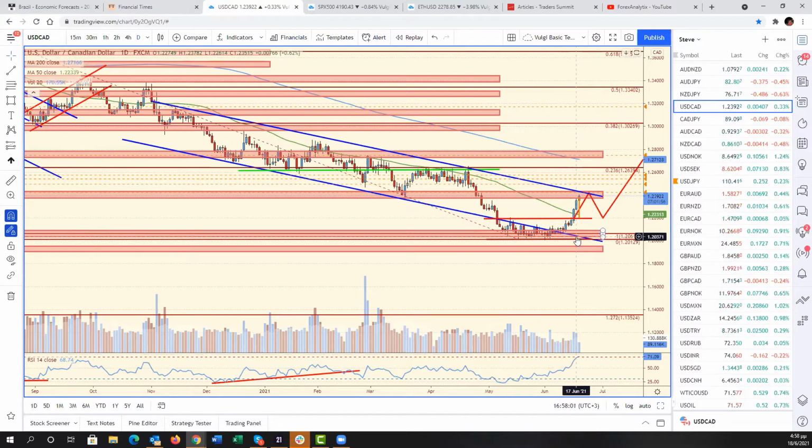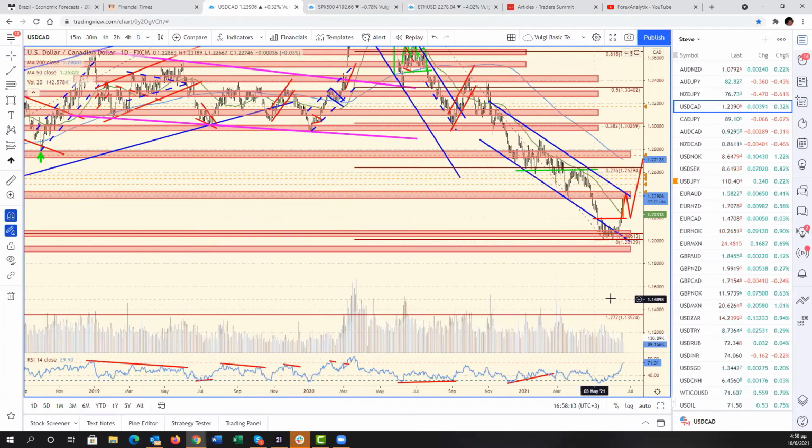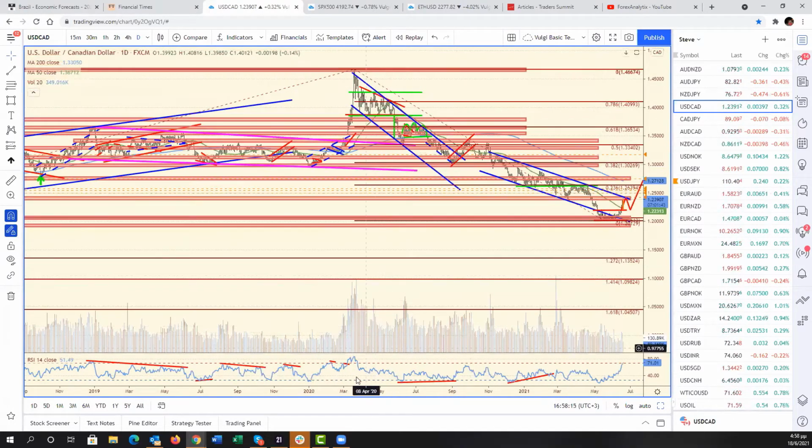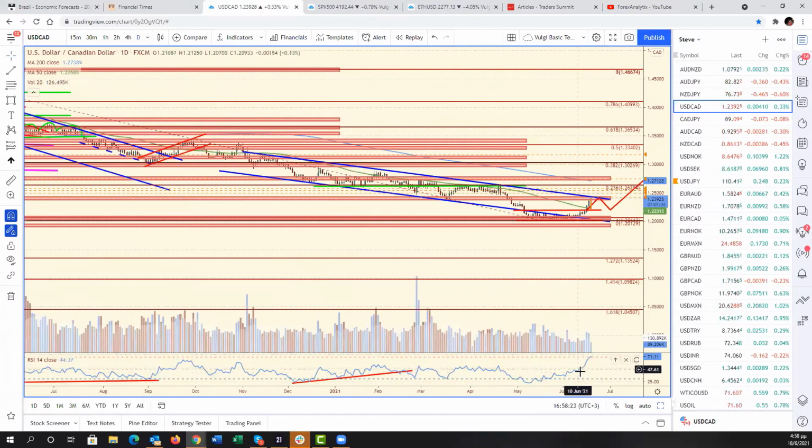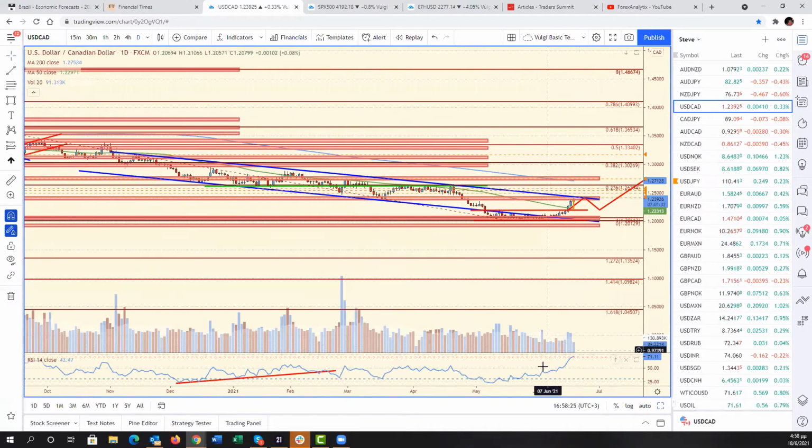Look at how the daily RSI went from being oversold on the daily chart to being overbought. Now, the fact that we're hitting overbought conditions on the daily RSI, look at when the last time we were there was March of 2020, right? Now, this is not an indication that you should be shorting.